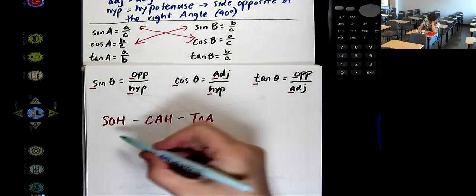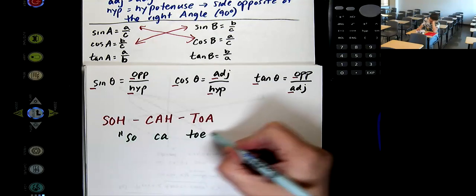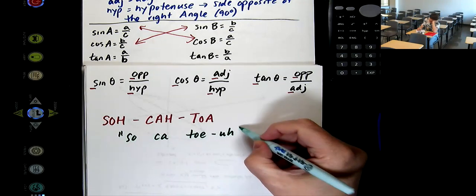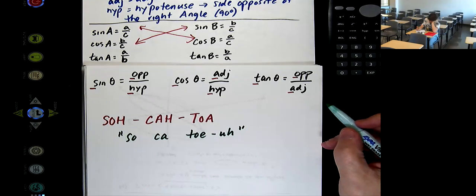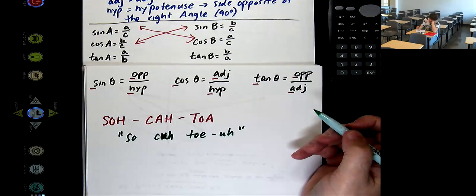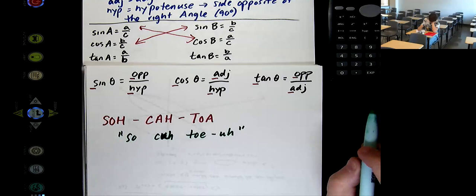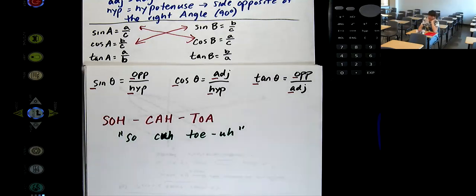So it's pronounced "so-ka-toa". I don't know how you write that phonetically. No one says "ka" on its own, they say "so-ka-toa" so it rhymes with "toa". So it kind of rhymes.